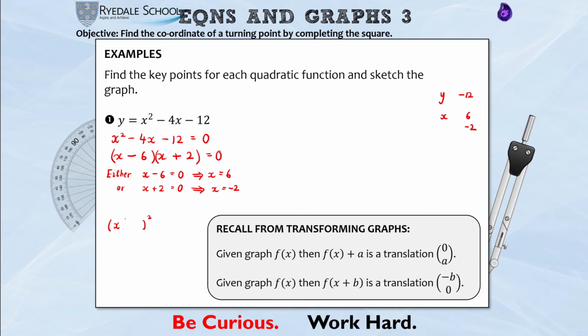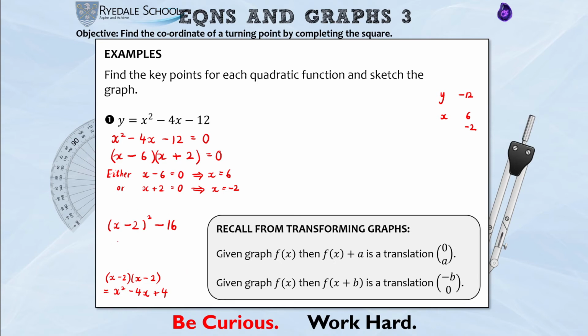So we need half of -4, which is -2. I normally remind myself what I've got at this point. So (x - 2)² is the same as x² - 4x. That's doing outers and inners. And lasts is +4. So this is what I have, but I need it to be -12 on the end, and I have +4. So I need to subtract 16.